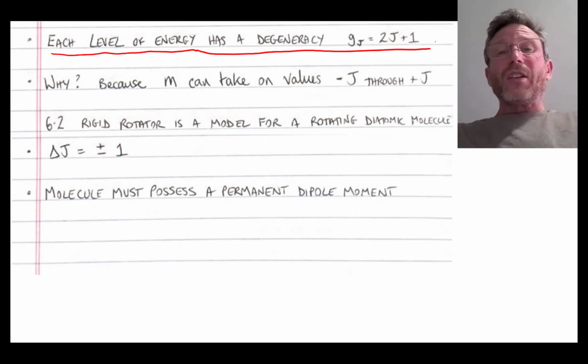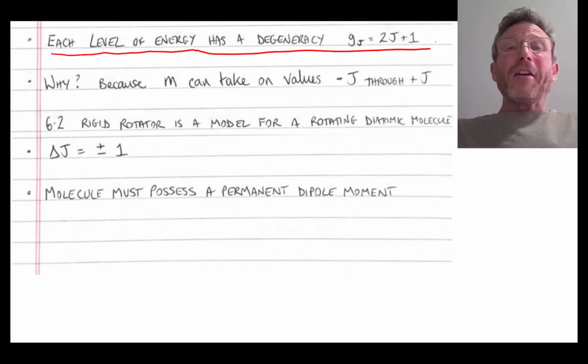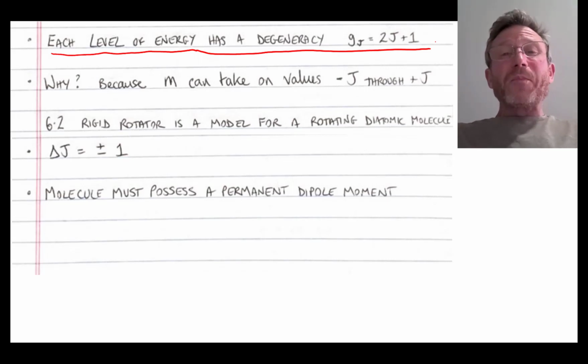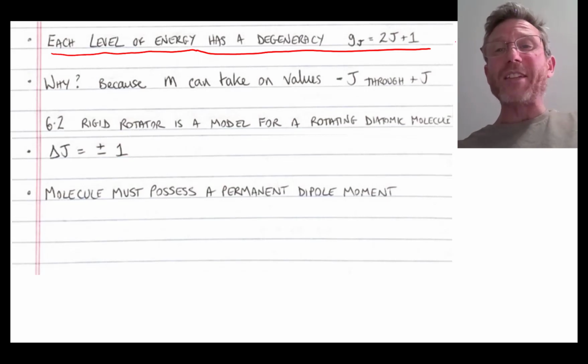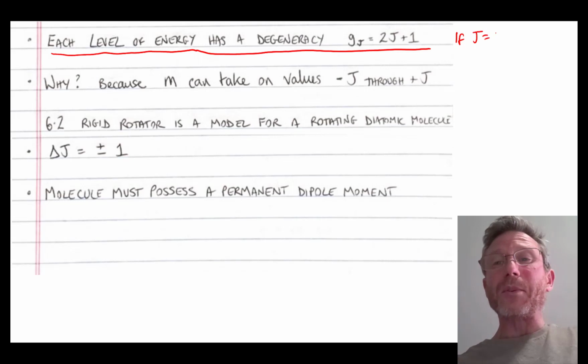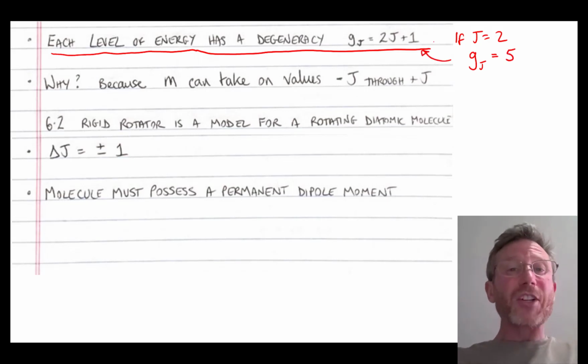That means that if, for example, the quantum number for rotations J is equal to 2, then there are going to be 2 times 2, which is 4, plus 1, which is 5 states that share the same energy. Let me remind you again: if J equals 2, then the degeneracy of that state, g sub J, would be equal to 5 according to this expression.